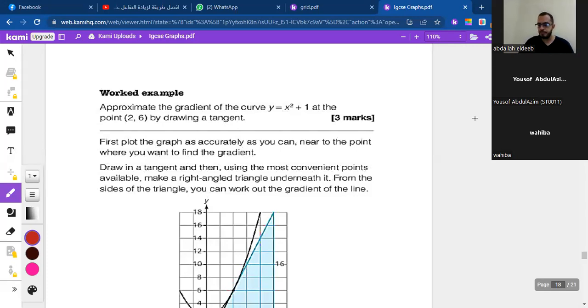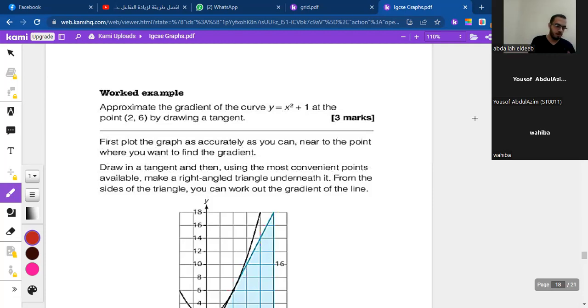So if you want to find the gradient of the line, you just write the formula y2 minus y1 over x2 minus x1. But for the curve, the gradient is different from one point to another point.